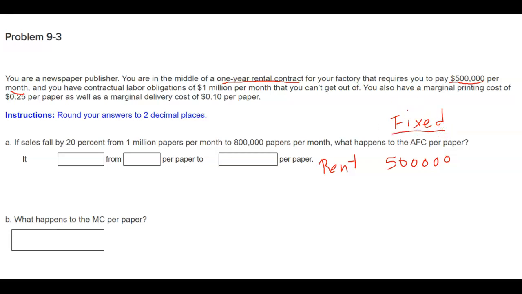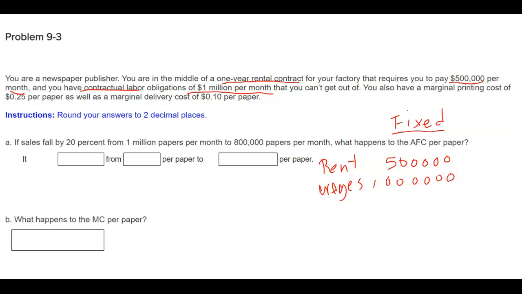Then you have contractual labor obligations of $1 million per month that you cannot get out of. So this is going to be wages. We're just going to call this wages. Remember, an obligation is a commitment, and if it's a commitment, it's not something that you can get out of.